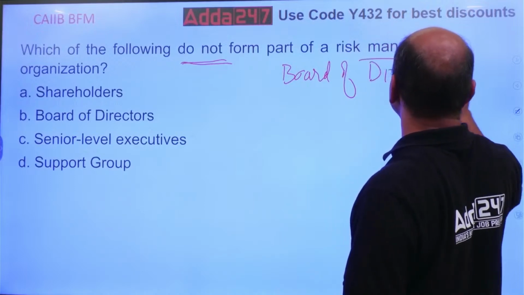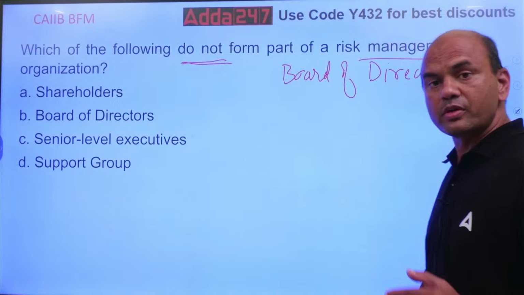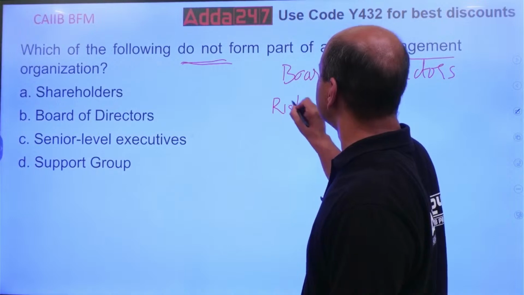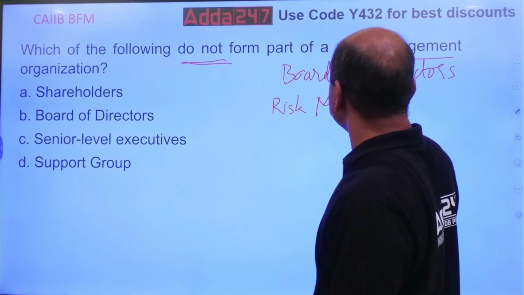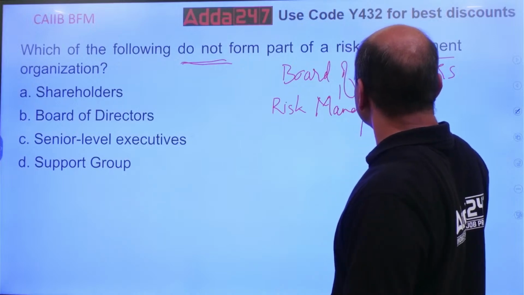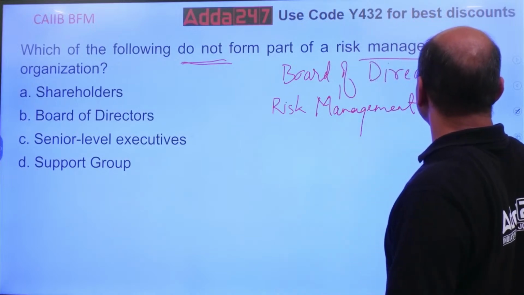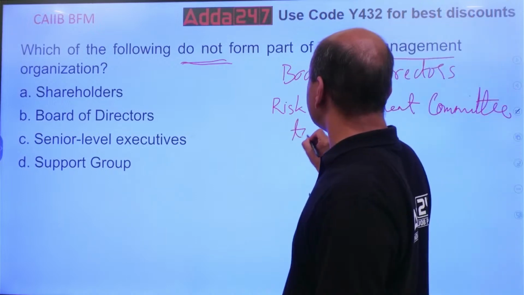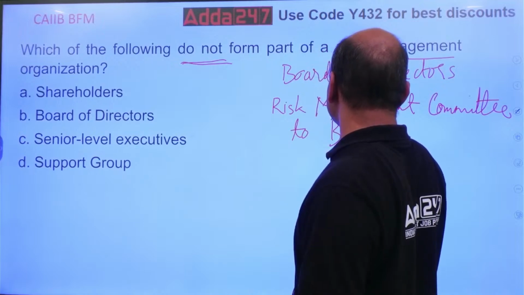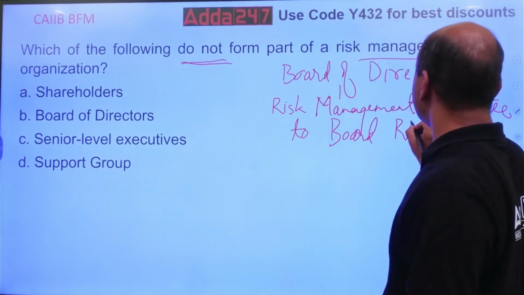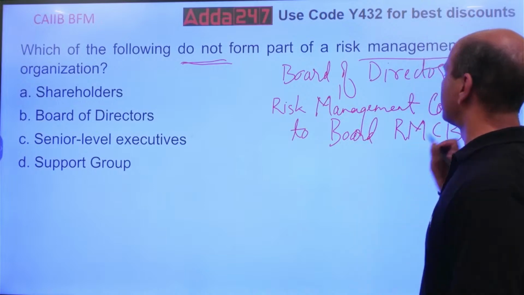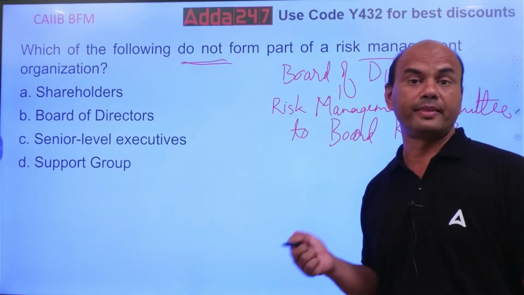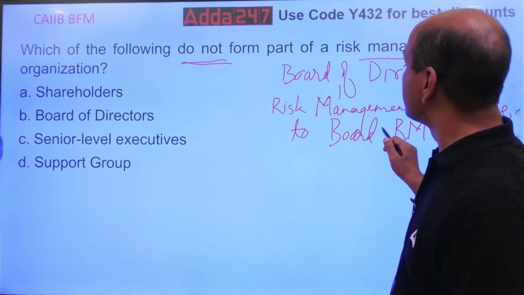Below the board of directors, there is RMCB, the Risk Management Committee of the Board. This is a committee of risk management reporting to the board. That's important. So RMCB.